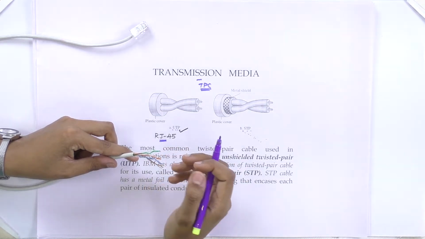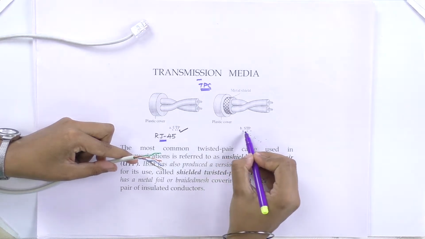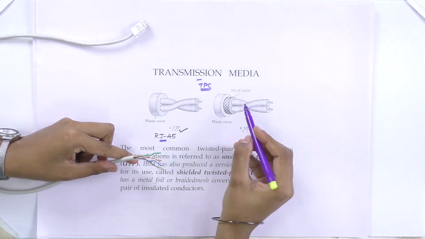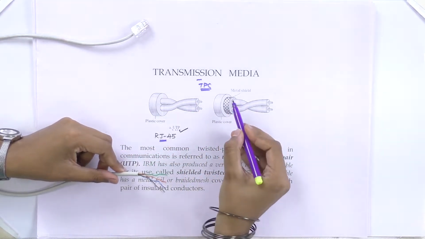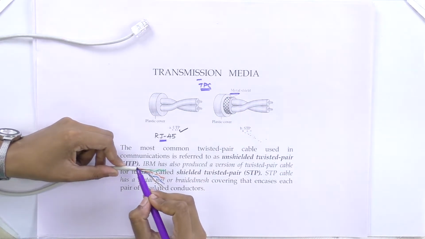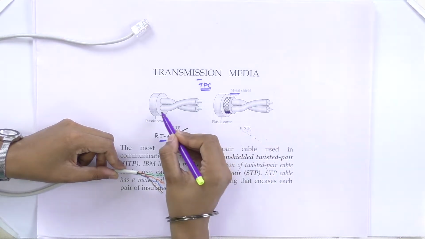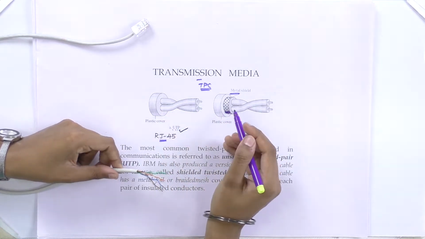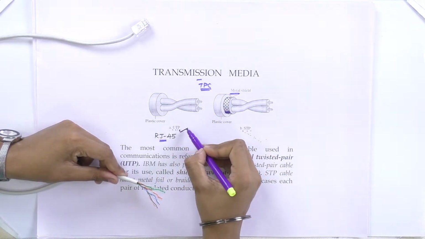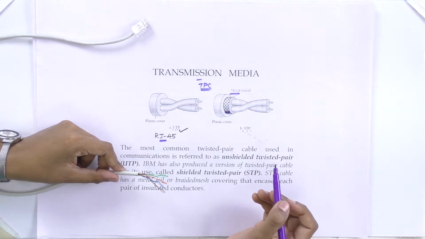Most commonly we use only unshielded twisted pair. In the shielded twisted pair, the difference is that you will have a metallic shield in your covering. Are you able to see this? This is the difference between the two. We prefer unshielded twisted pair in this case.